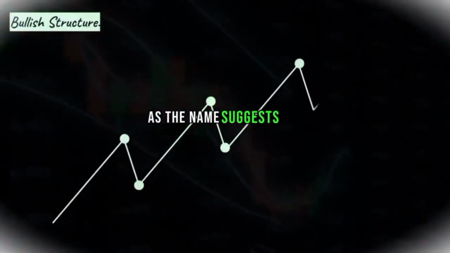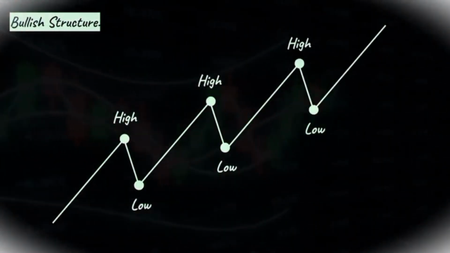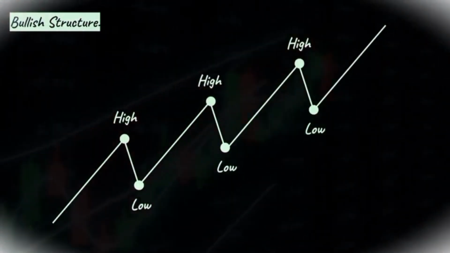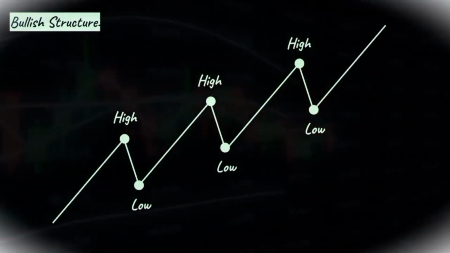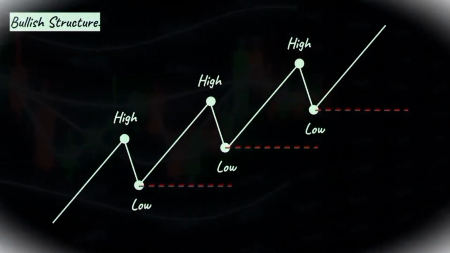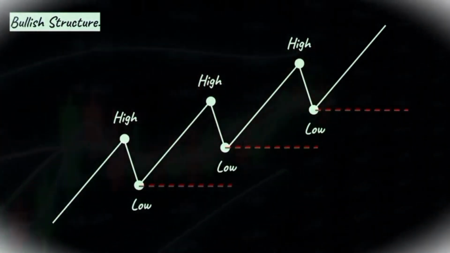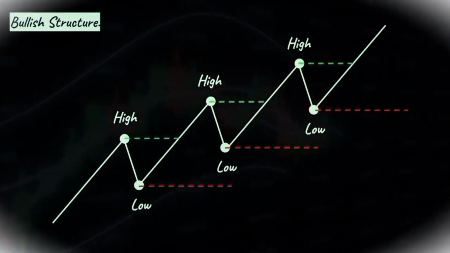Market in an uptrend. As the name suggests, the market moves towards the upside, creating new higher highs and higher lows. Here you see an ideal ascending structure. The ideal means that the market respects the lows and continues pushing upwards. The important point is that in the uptrend, the market has a greater tendency to break the highs to the upside.